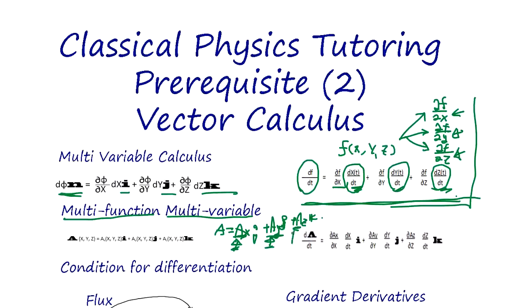So you have three functions with multiple variables. That's a vector. It's just an expansion of the single multivariable function. Now, for this kind of function, there are several different ways to take a derivative, depending on what you are looking for.